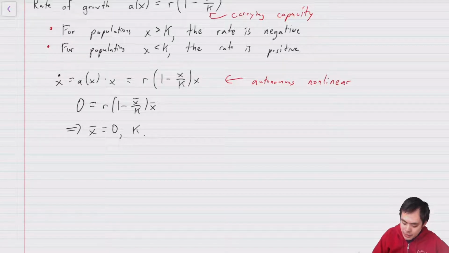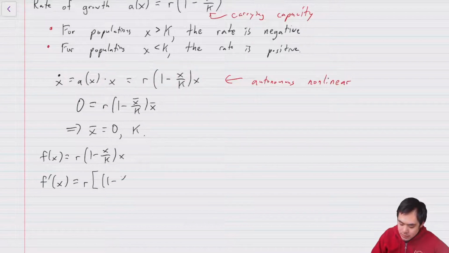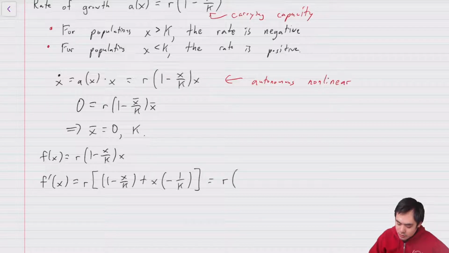So in order to do that, we have f of x is equal to r times 1 minus x over k times x. So what's f prime of x? Well, you use the product rule. So f prime of x is equal to r times the quantity 1 minus x over k times the derivative of x, which is just 1, plus x times the derivative of 1 minus x over k, which is minus 1 over k, which is equal to r times 1 minus 2x over k.